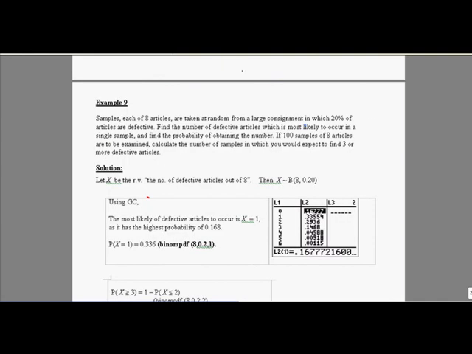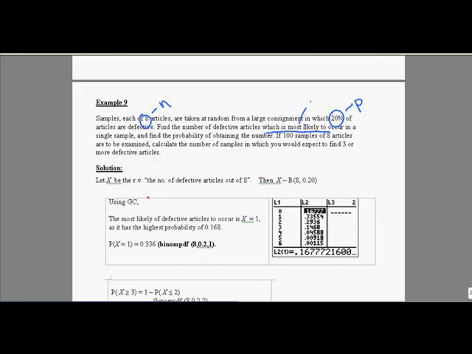Let's read example 9. Samples each of 8 articles are taken at random from a large consignment in which 20% of articles are defective. So we take 8 as n and p as 0.2. Find the number of defective articles which is most likely to occur in a single sample.